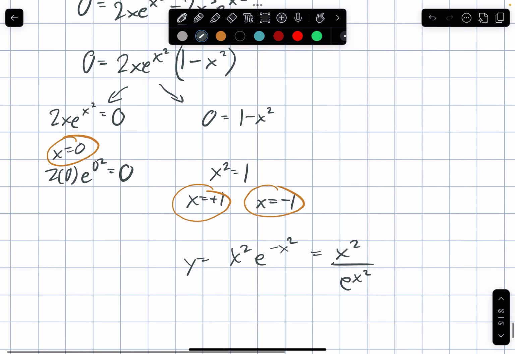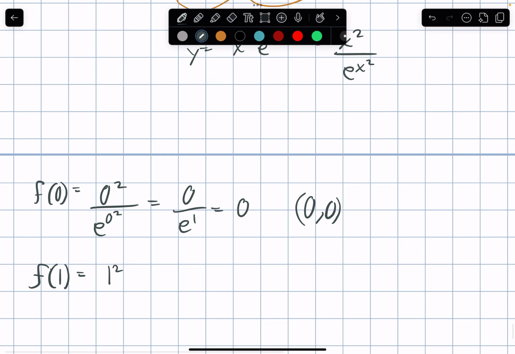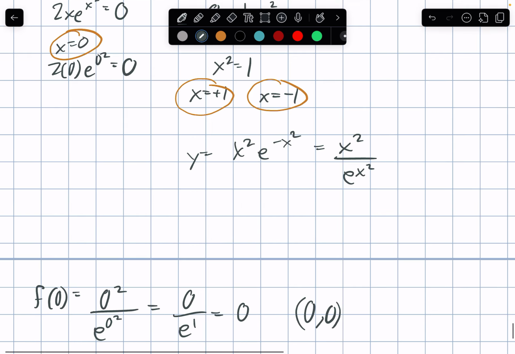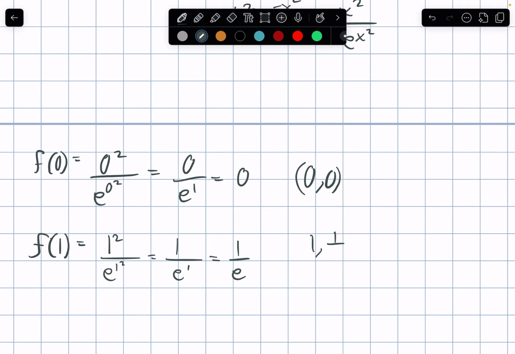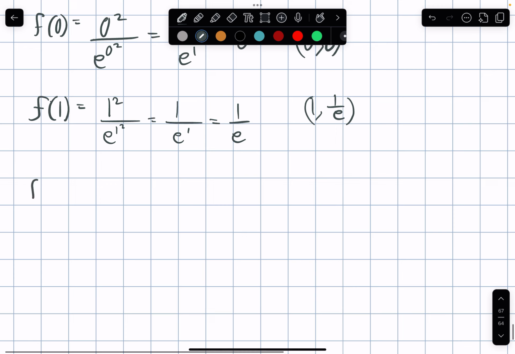What about f of 1? So we have 1 over e. That's it.